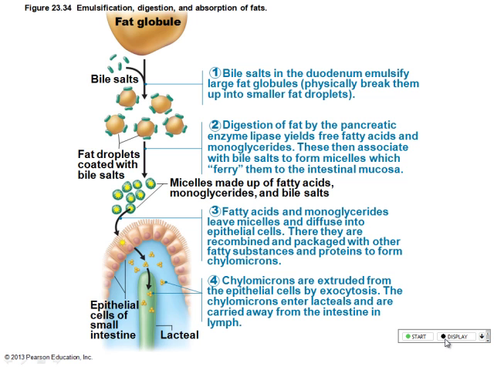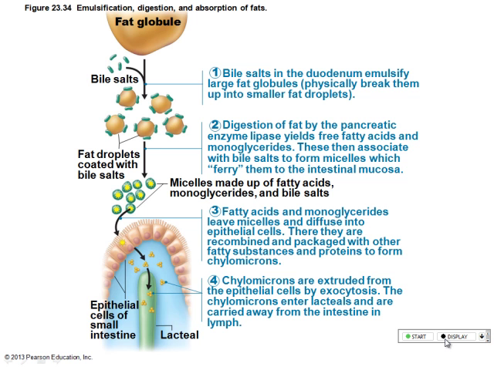So you have special receptors on the surface of your brush border that are going to be looking out for those little micelles or packages and help them get in by endocytosis, exocytosis. Get into where? They're going to go into those little lacteals and eventually be absorbed into the lymphatic system.